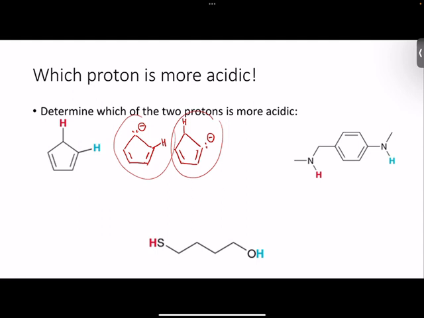Because the carbon is already placed on a double bond, which makes it localized. So that means that this carbon cannot do resonance. So that means that this one is going to be more acidic.